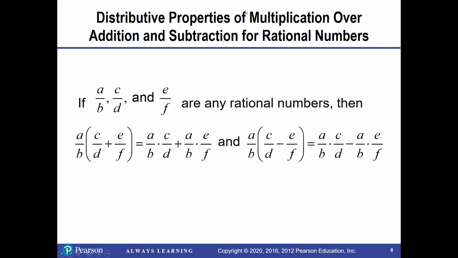We're going to distribute a over b into this fraction, which would give you a times c over b times d, that's ac over bd, plus ae over bf, which would be done.